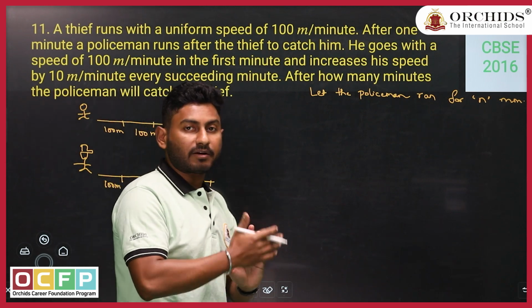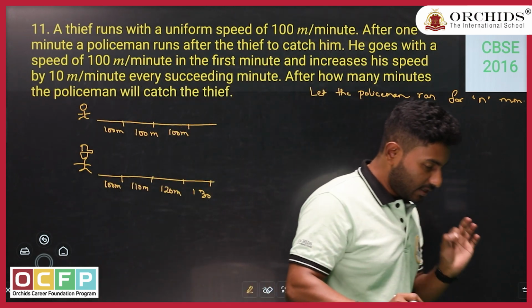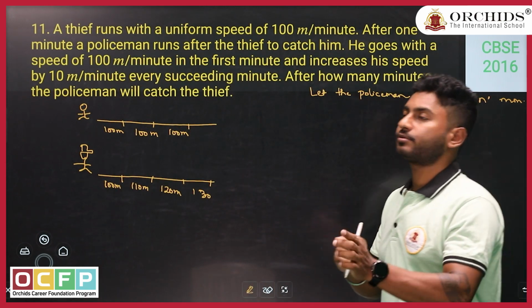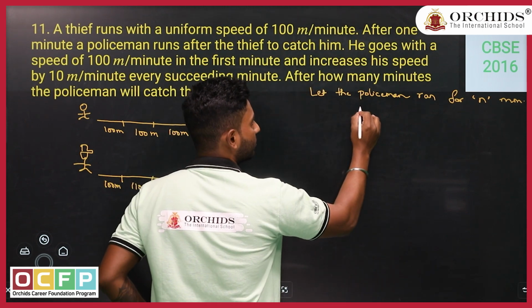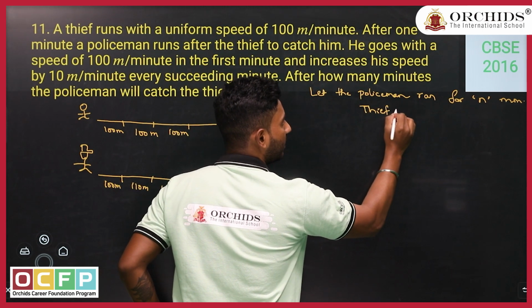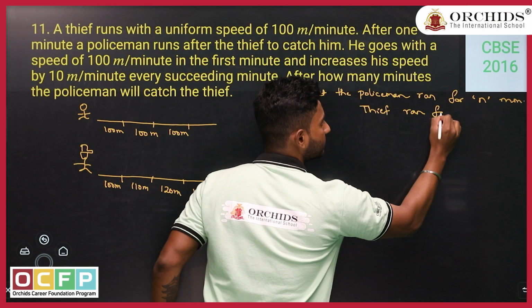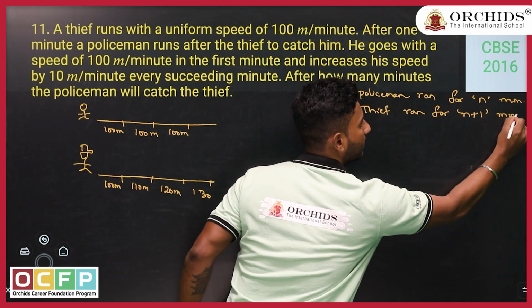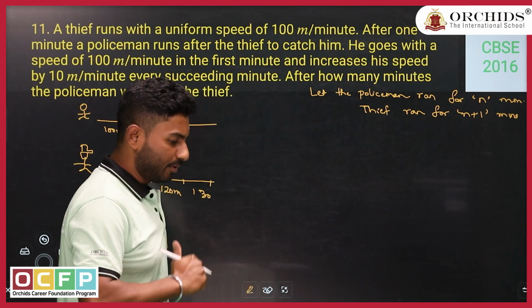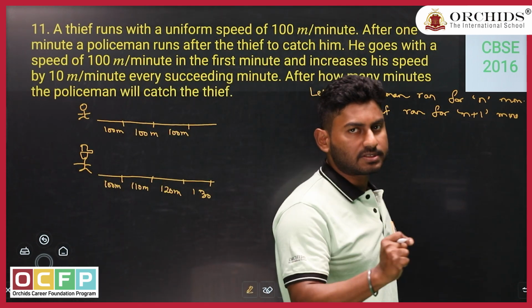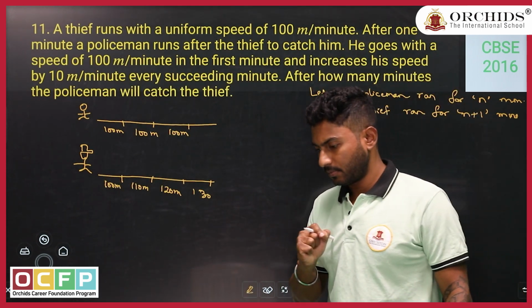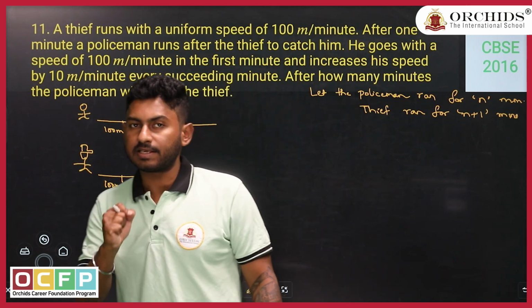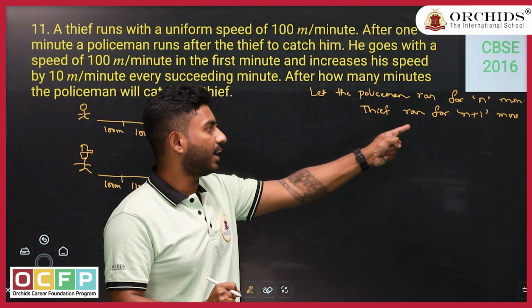So if the policeman ran for n minutes, the thief will run for n plus 1 minutes. I hope everyone has understood. So the thief ran for n plus 1 minutes. Now tell me one thing. If the thief is running at a uniform speed, how much distance has he travelled in n plus 1 minutes?